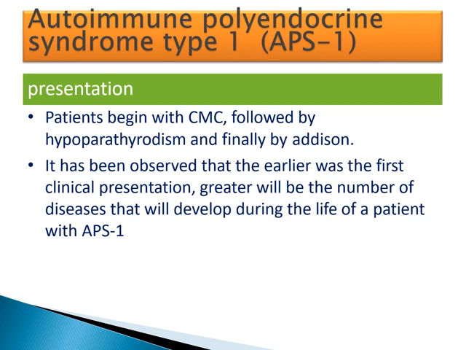As we have discussed in the previous slides, first there is mucocutaneous candidiasis followed by hypoparathyroidism and finally Addison's. That makes a classical presentation of APS 1. It has been observed that the earlier the first clinical presentation, the greater the number of diseases that will develop during the life of patients with APS 1.